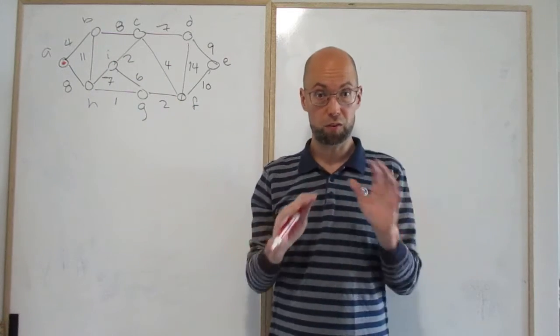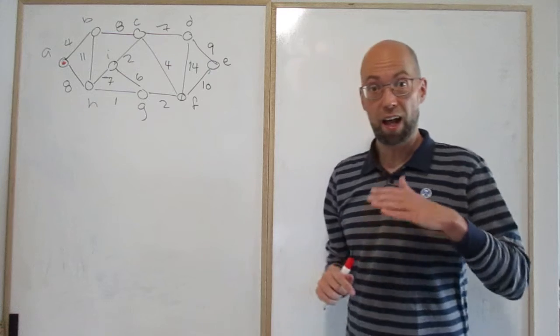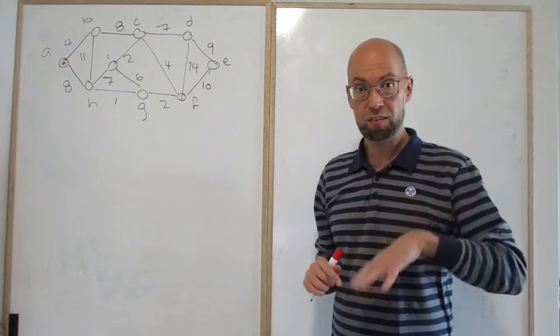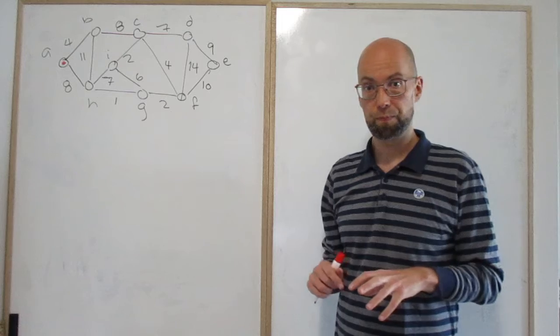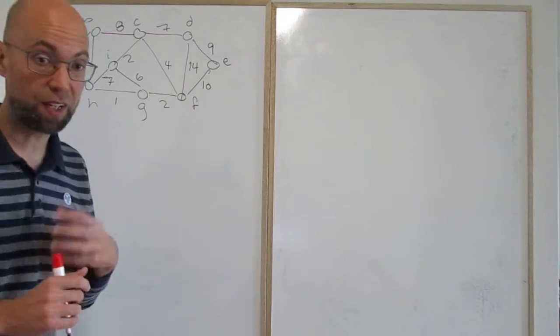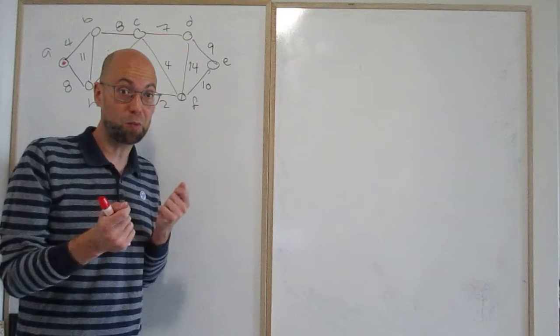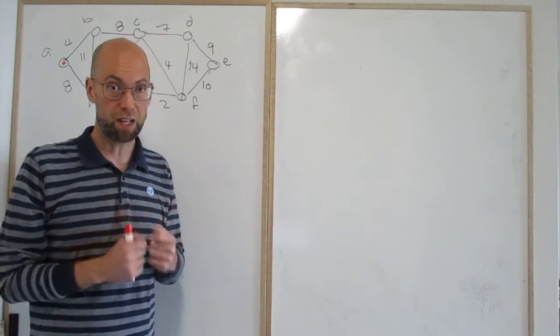It's not a forest, it's always going to be a tree. Now, you look around and of all the edges incident to your tree, you choose the lightest one. And if it doesn't create a cycle, which means if it doesn't go between two vertices that are already in your tree, you add the edge.